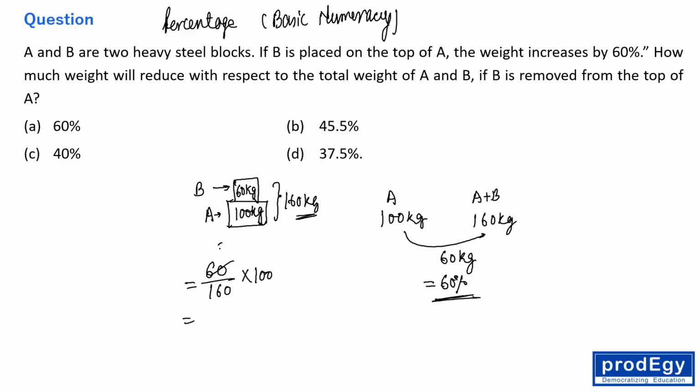This is 3 by 8, which is 37.5%. 3 by 8 into 100 is 37.5%, so we are removing 37.5%.